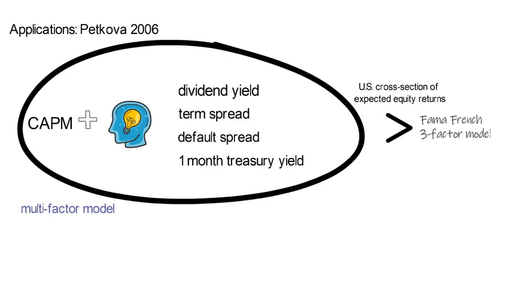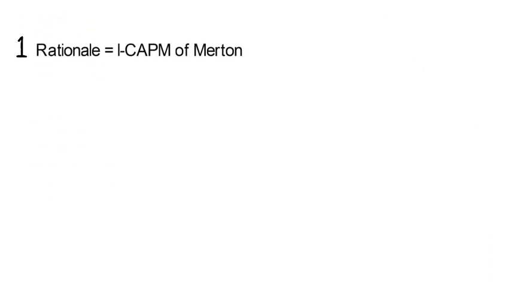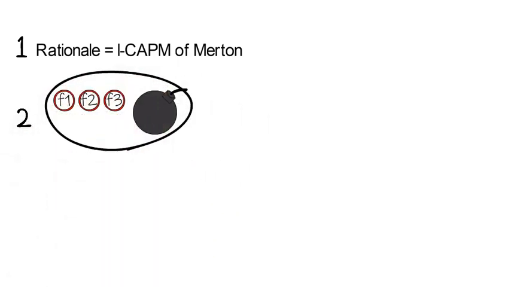And that has been interesting for three reasons. First, the rationale for Petkova's analysis is the I-CAPM of Merton, hence it's an equilibrium framework. Second, the risk factors that extend the I-CAPM are fundamental shocks, allowing to connect these to the state of the business cycle.